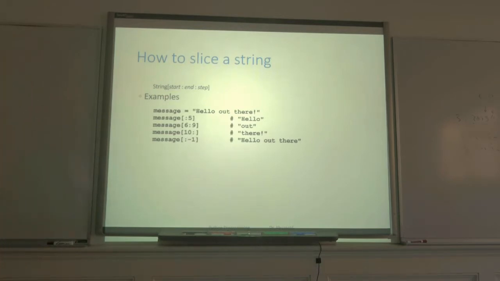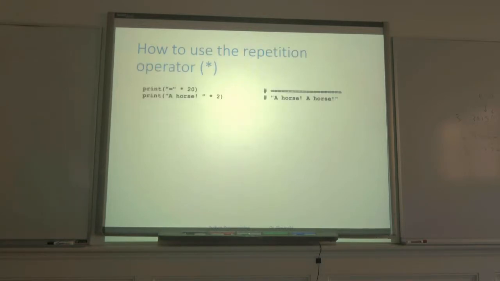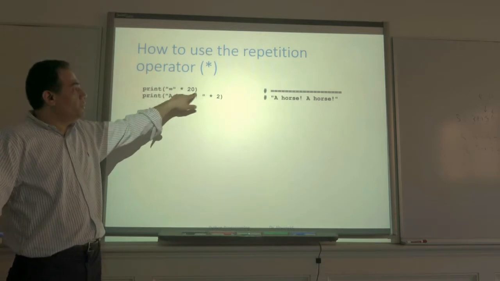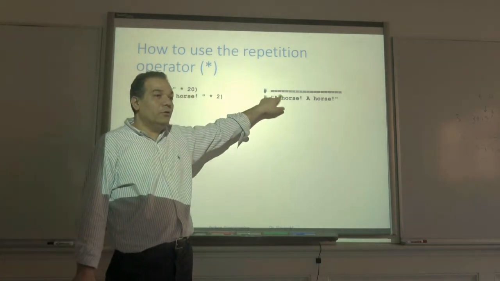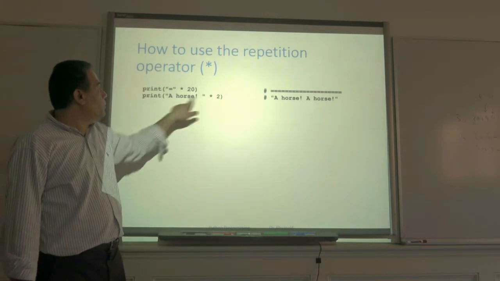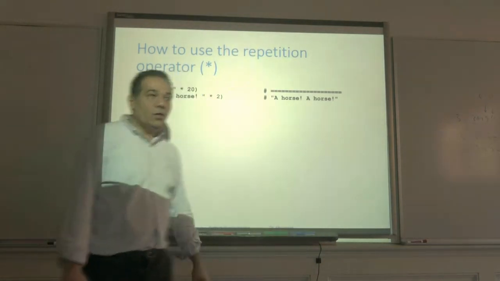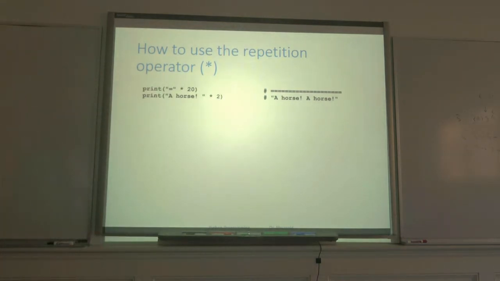And so on and so forth. So indexing is the same everywhere, in strings, range, lists and all of that. It's very important. Multiplication in here: when you multiply this by 20, it will repeat it for you 20 times. Multiply it by 2, a horse, and it will make it a horse horse, and so on and so forth.